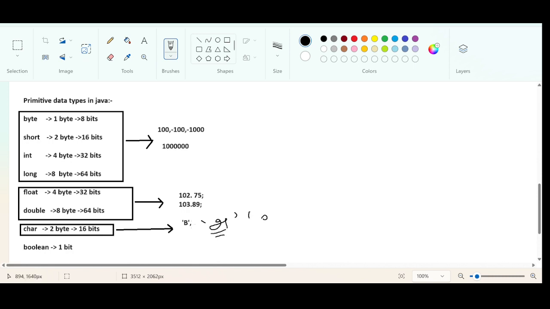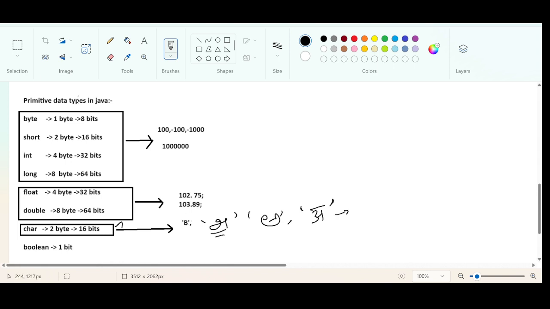Even the Telugu letter A can be stored in Java. All the major official languages in the world are supported by Java. The Hindi letter A you can store in Java. A single letter with single quotes. So you can store this with the help of the character data type.